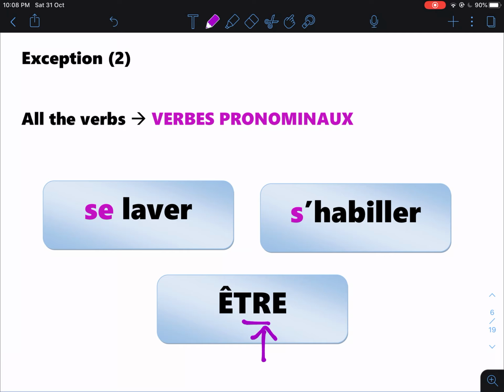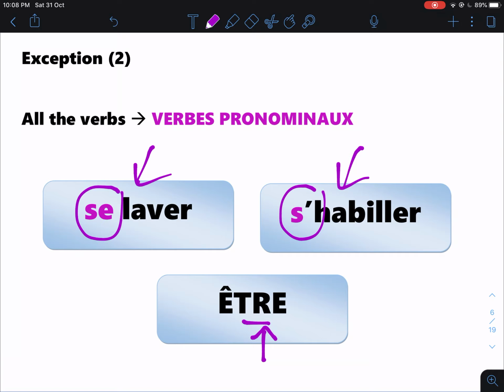Okay? They use auxiliary être at all times. And how do you know it is pronominal? By looking at the way it is constructed. You have se here. For example, you have se laver, to wash, and s'habiller, to get dressed.